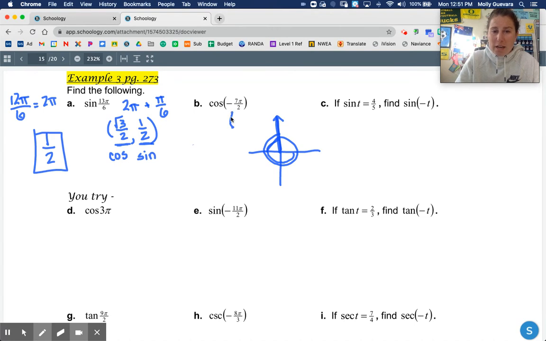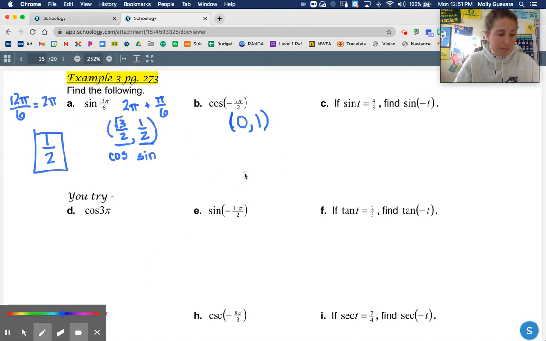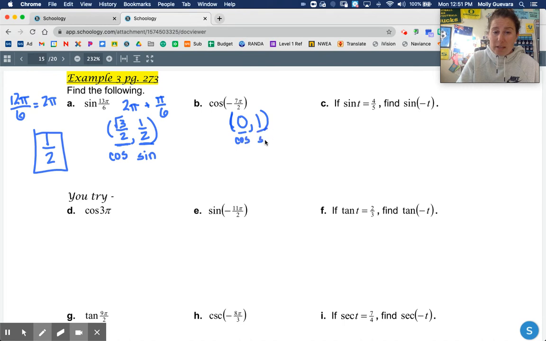The coordinate of that angle is 0, 1. And really, I don't need this graph or the drawing. Sometimes it just helps visually, but if you can do it in your head, then go for it, okay? So my coordinate here is 0, 1, and I want the cosine. Remember that the x-coordinate is the cosine and the y-coordinate is the sine. So if I want the cosine of this, it's 0.